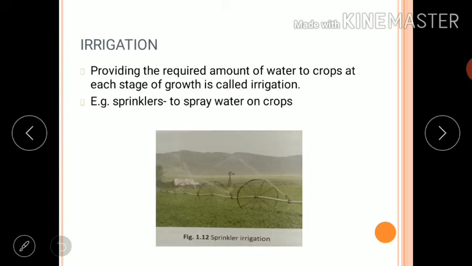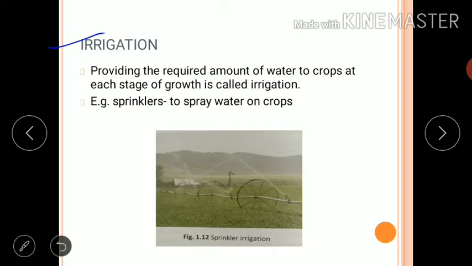Earlier, we had studied about how we can improve some of the agricultural practices. Continuing further, we are going to start with irrigation.